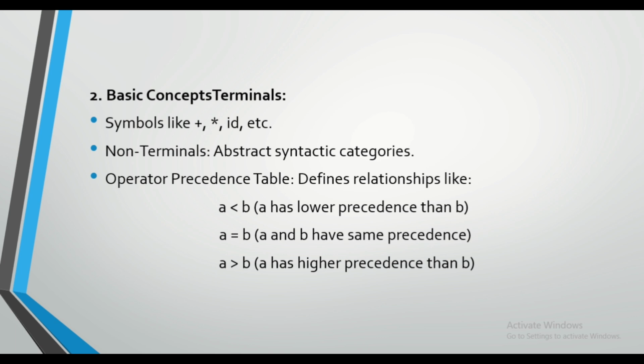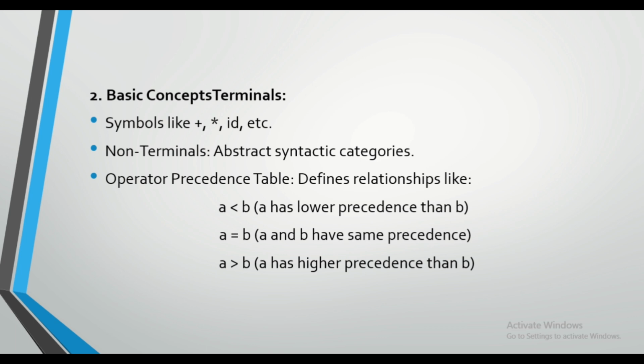A is less than B, which means A has lower precedence than B. A equals B means A and B have the same precedence. A is greater than B means A has higher precedence than B.